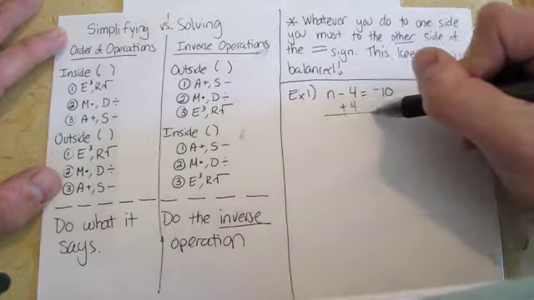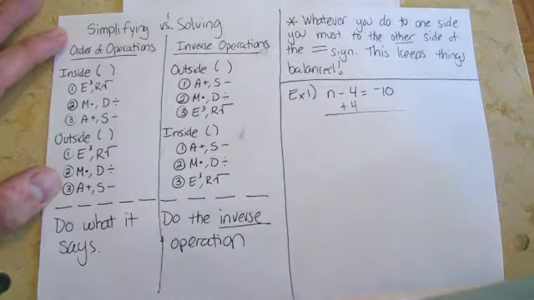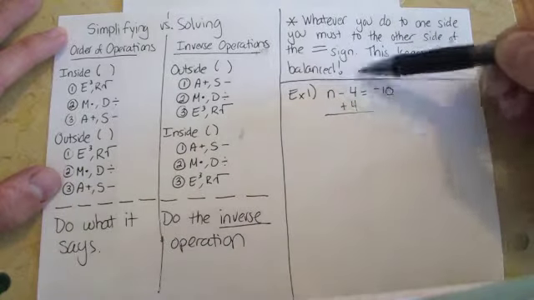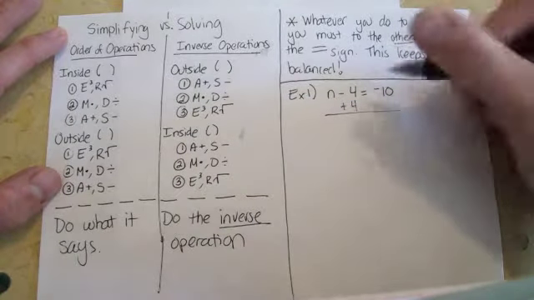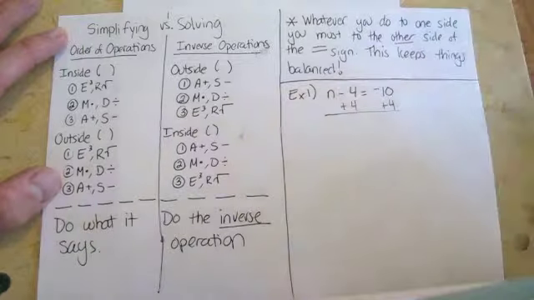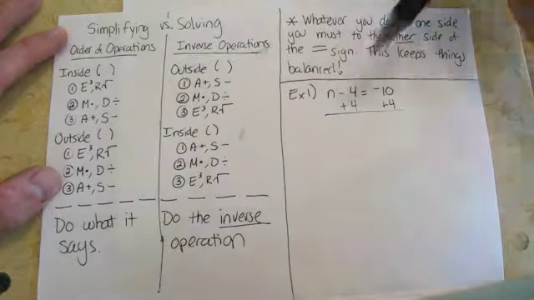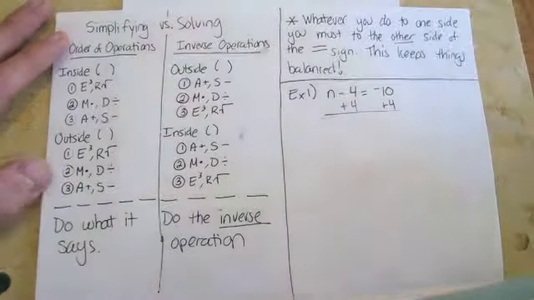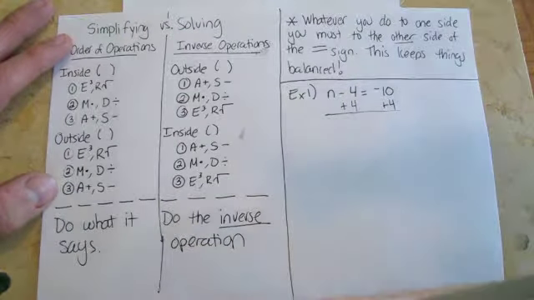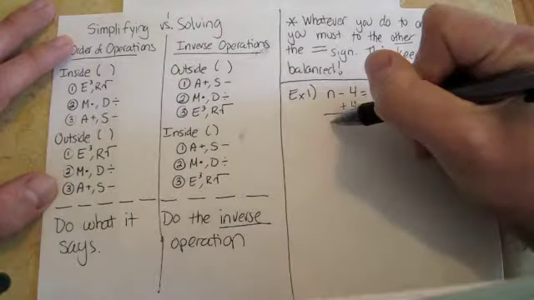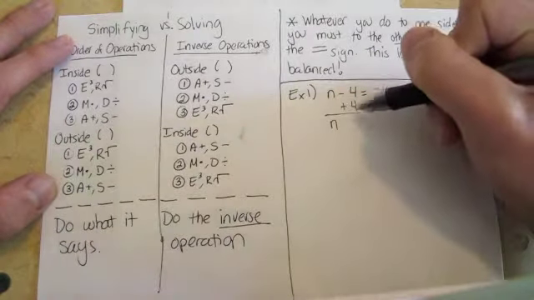And now because this is an equation, I have to keep things balanced. I can add 4 to the left side of the equal sign, but if I want to do that, I also have to add 4 to the right side of the equal sign. So whatever you do on one side of the equal sign, you have to do on the other side. And then we're going to do any math that we can and bring everything else down. So this n, I'm just going to bring it down. Nothing's happening to it.